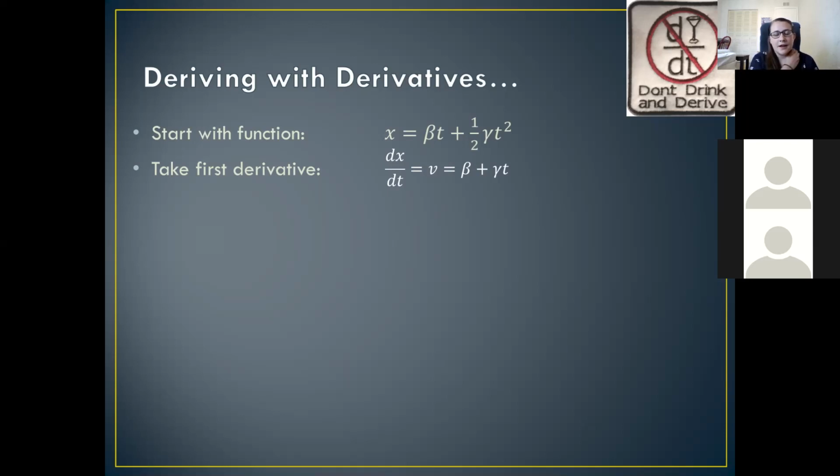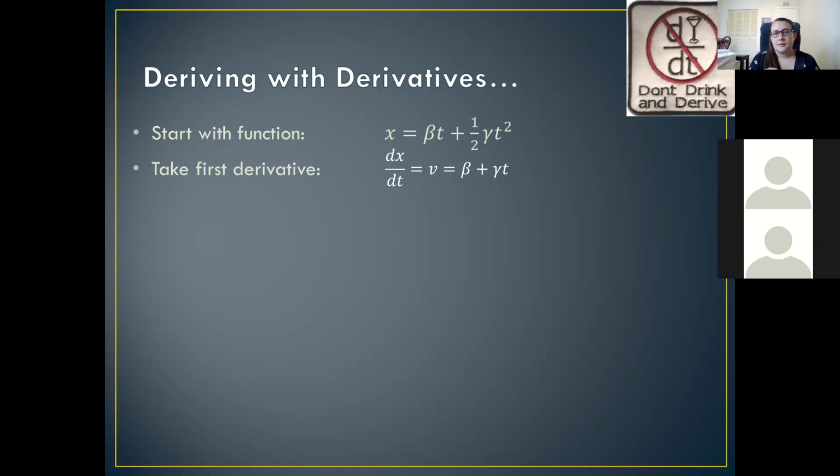So remember, we're going to apply the power rule here, and the exponent of t in beta t is 1. So when we multiply the coefficient by the exponent 1, we get beta, and then we subtract 1 from the exponent. So 1 minus 1 is 0. Anything to the 0th power is 1. So the derivative of beta t is just beta.